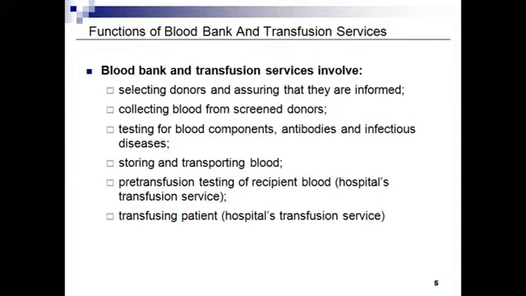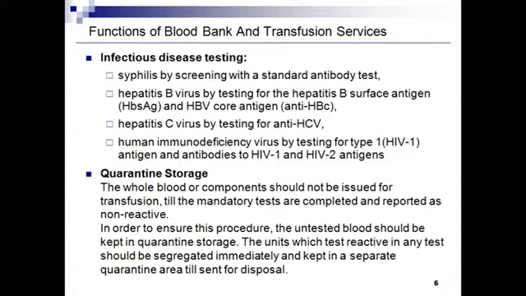Any hospital has its own blood service, and the blood service deals with patients of the same hospital. What is pre-transfusion testing? Primarily, it's defining the blood group, typing of blood into groups. And secondary, it's infectious disease testing.